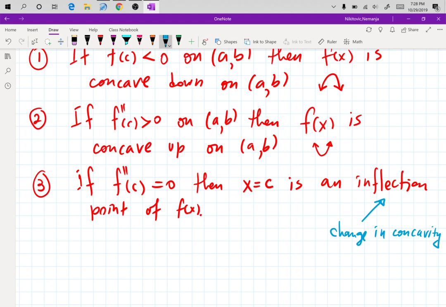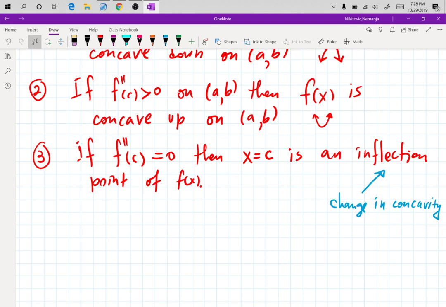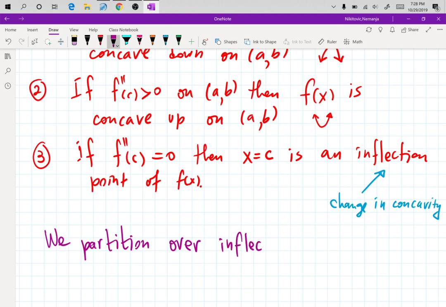And we can add a sentence: we still partition over inflection points and vertical asymptotes. So now inflection points are used instead of critical points. We don't care about critical points anymore. When you set the first derivative equal to 0, you get critical points.